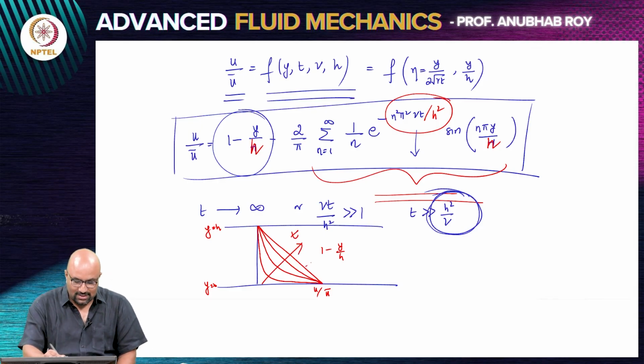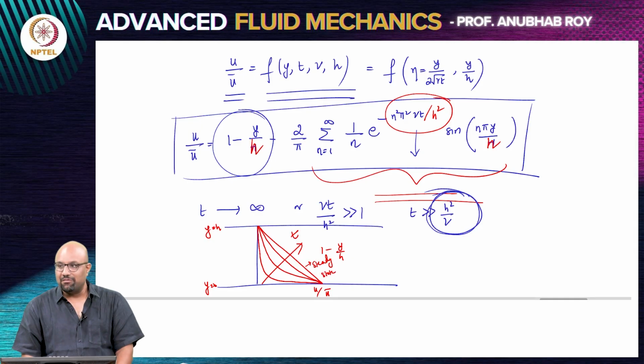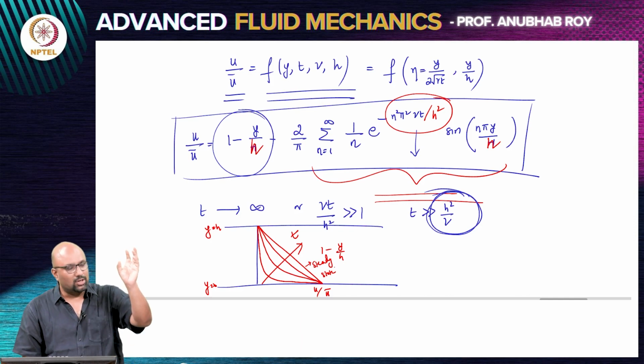So you have the steady state profile, which is the linear profile, but for any finite time, you will have a profile which takes this kind of curvilinear shape. So you have the momentum diffusion from the bottom plate all the way to the top plate. The top plate is held fixed, the bottom plate is moving, and you achieve this steady state through viscous diffusion.